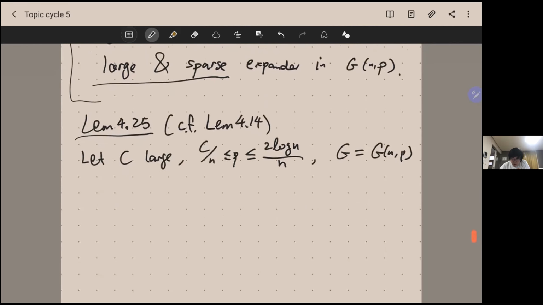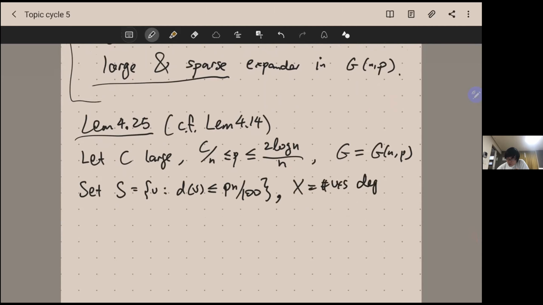We set our small degree vertices as usual to be those with 1% of the expected degree. And we define X, the random variable, to be the number of vertices of degree at most 1. Looks familiar, right? We are trying to find large expanders, so we have to delete vertices of degree at most 1.